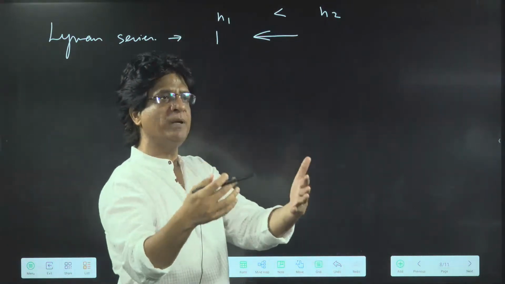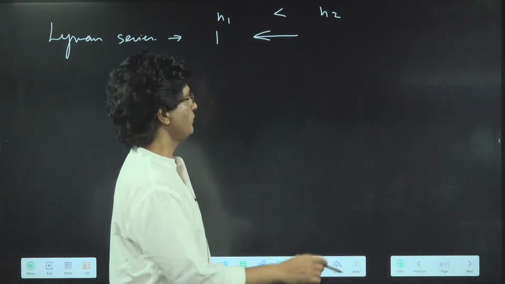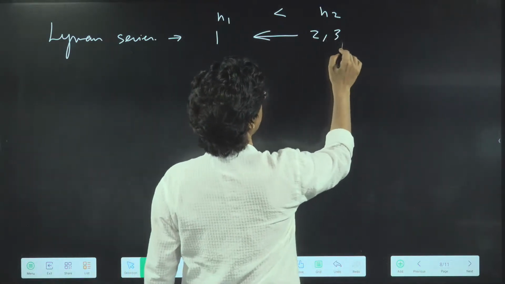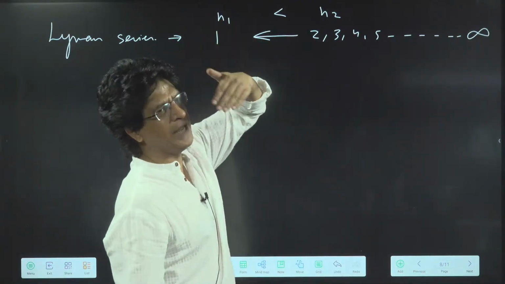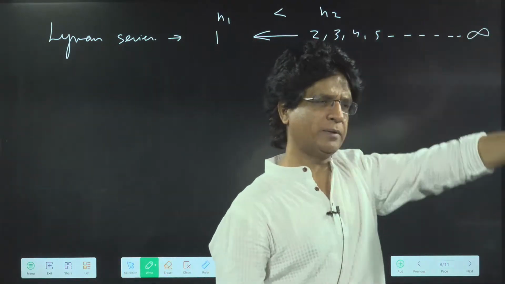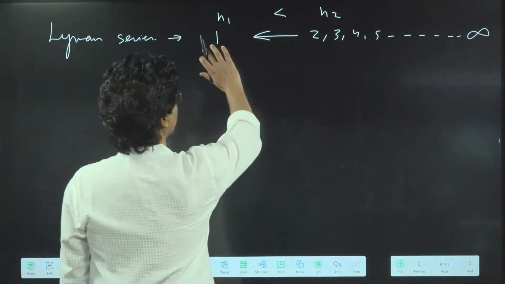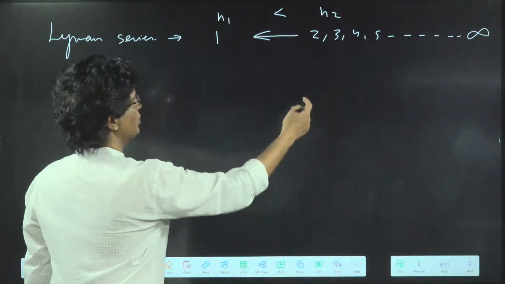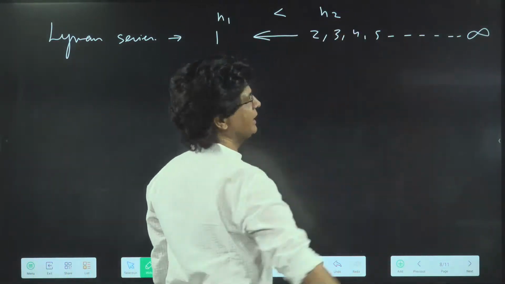What are the possible values of n2? It can be 2, 3, 4, 5 and so on till infinity, any other higher orbit. More than 1, just more than 1. So it can fall from 2 to 1, 3 to 1, 4 to 1, 5, 7, 8, 10, 20, 97, whatever.